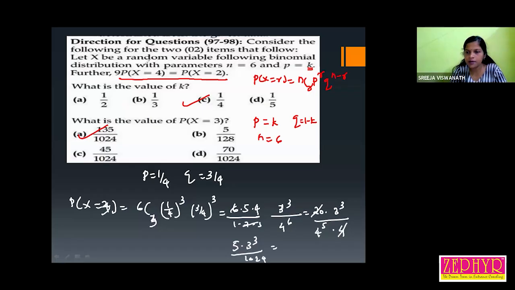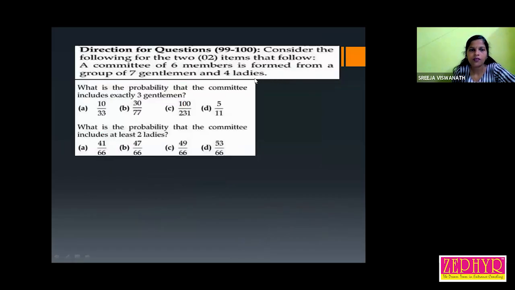Now the next question. Consider the following. A committee of 6 members formed from a group of 7 gentlemen and 4 ladies.